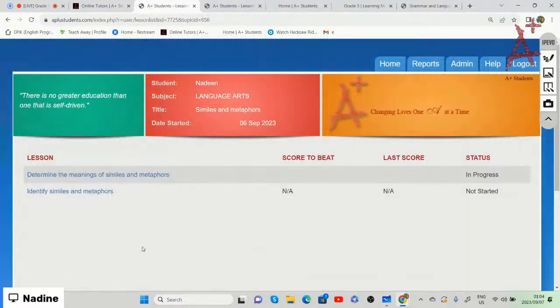All right. So once we are in the chapter of similes and metaphors, we're going to focus on the lesson to determine the meanings of similes and metaphors, and then to identify similes and to identify metaphors.